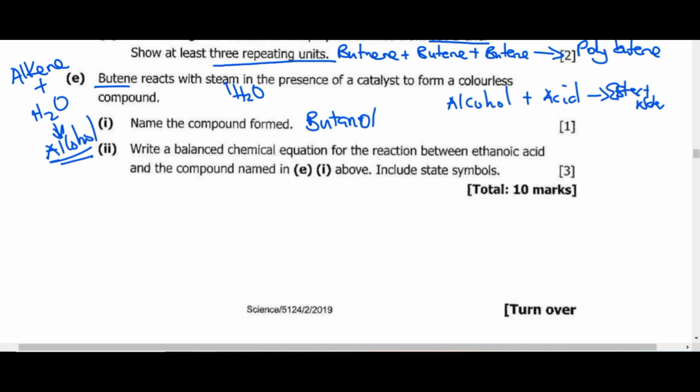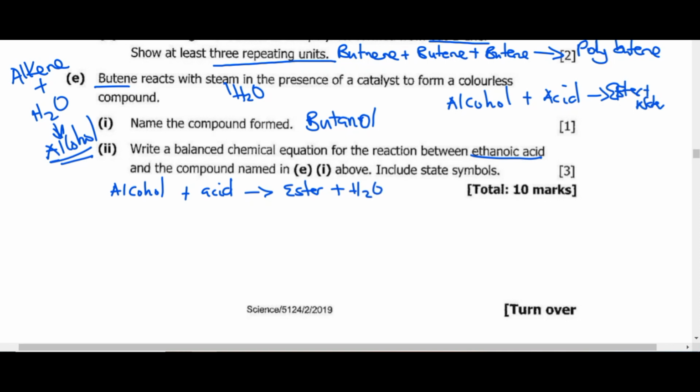Now in this case, the question says we have an alcohol plus the ethanoic acid, which is an acid, and then an ester will be produced plus H2O, which is water.